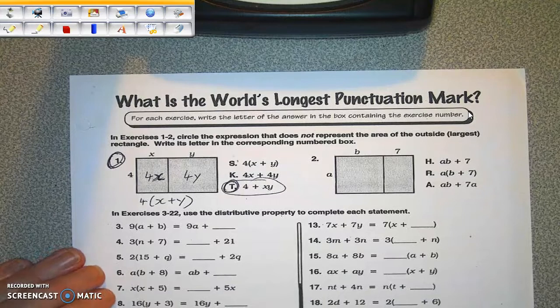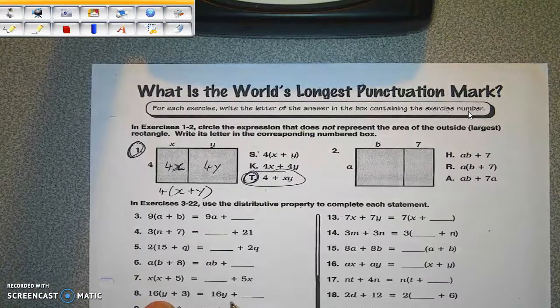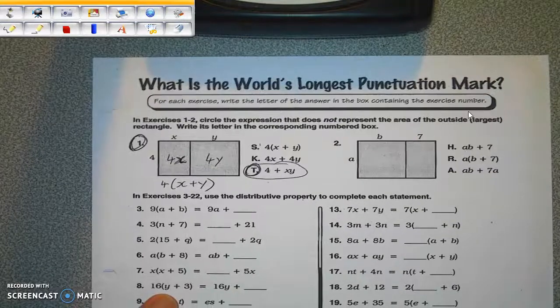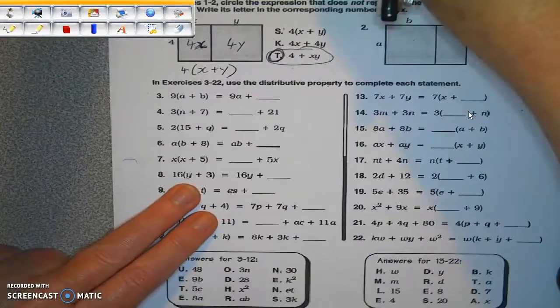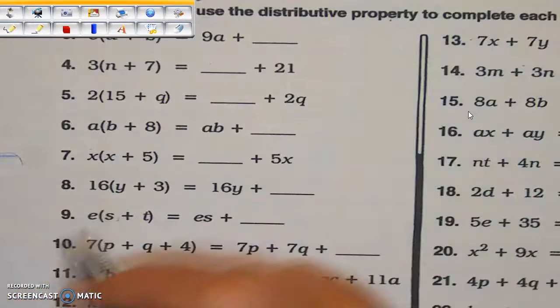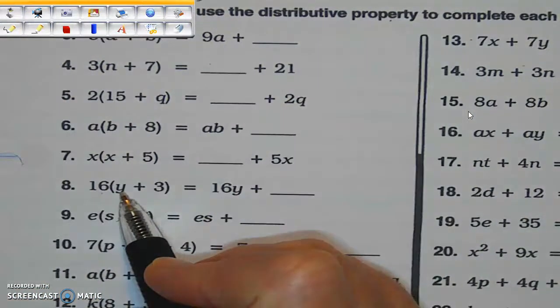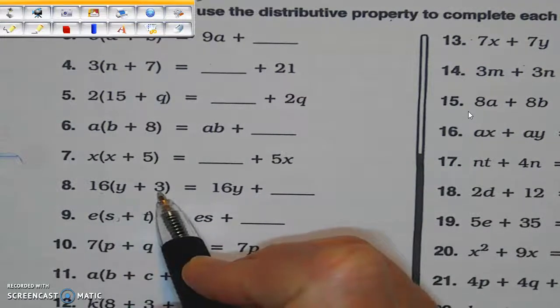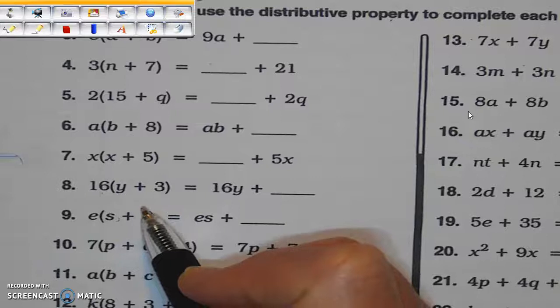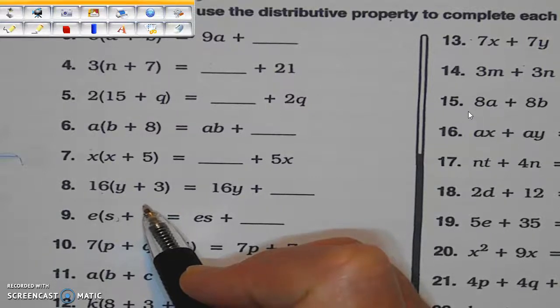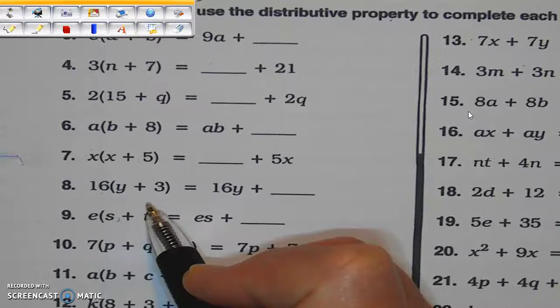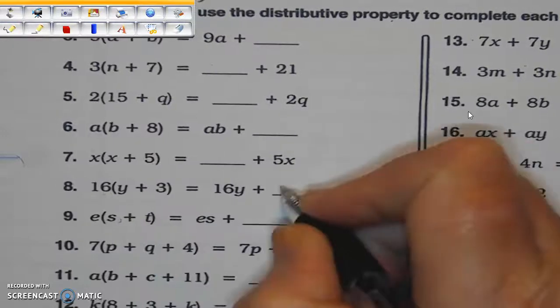Okay, I'm going to do 2 more of these for you. So let's come down to number 8 here. I'm going to zoom in on it. So we have 16 groups of 1 yellow cube and let's say 3 pennies. 16 groups of that. So you're going to do 16 times 3. The way that I do 16 times 3 in my head is I do 3 times 10, which is 30, and 3 times 6, which is 18, and I add the 30 and the 18 and I get 48.